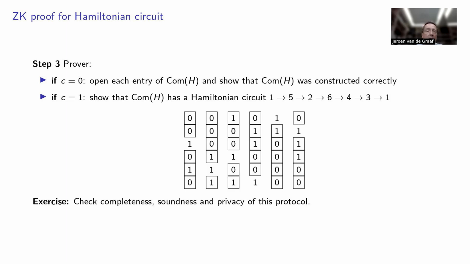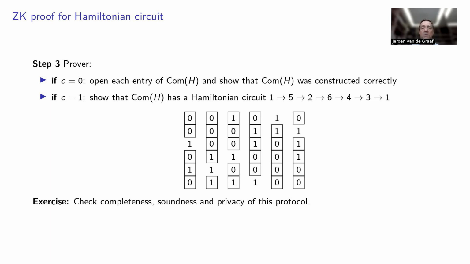In the second case, this is the interesting case, if the challenge is 1, then the prover will show that the alternative version that it committed to has a Hamiltonian circuit. So it's going to open only those values in the matrix that show that there indeed is a circuit.